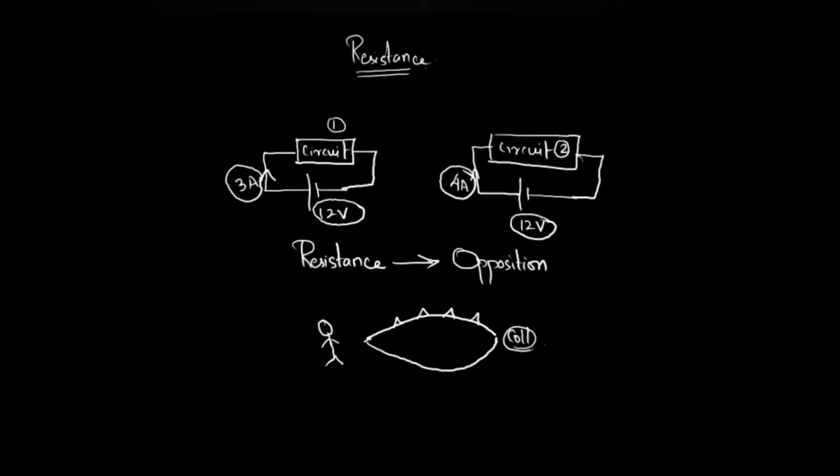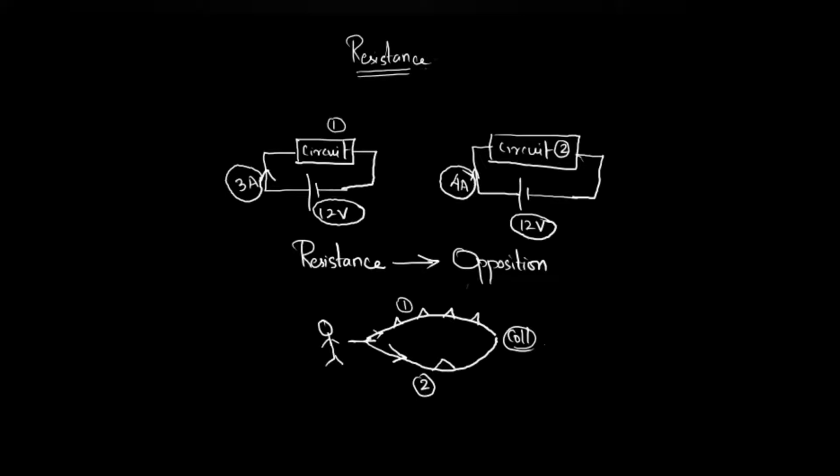We have only one speed breaker in this path. So which path will we be selecting? We will be preferring the second path more than the first path because the first path has a large number of speed breakers when compared to the second path. So obviously we will be following the second path because it has lesser resistance.